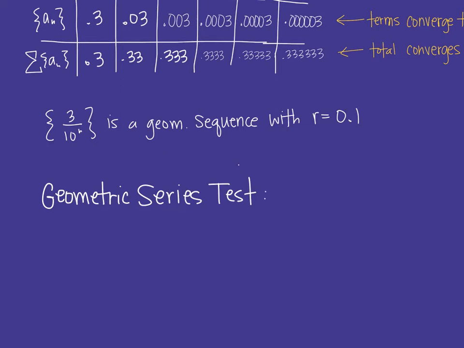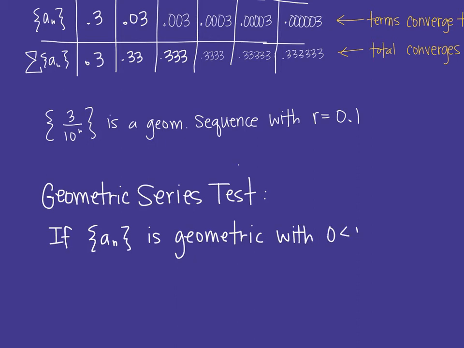And it says the following. If a sub n is geometric with a specific r that is between 0 and 1.